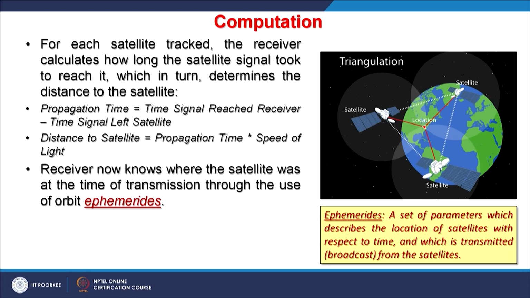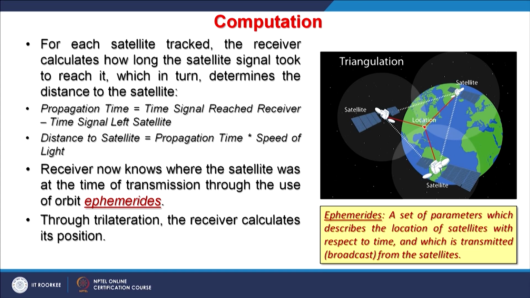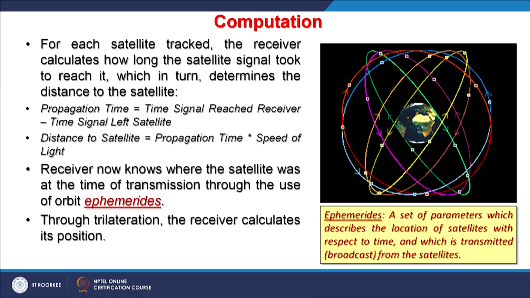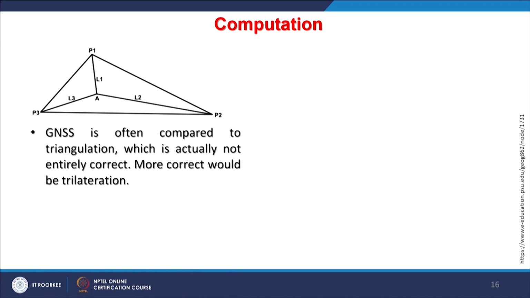As we have already discussed, ephemeris is a set of parameters which describe the location of a satellite with respect to time, and which is broadcast from the satellite. And through this trilateration, the receiver calculates its position as shown in this figure. Similarly, if you are getting signals from more than 3 satellites, then the 3D position can also be determined.